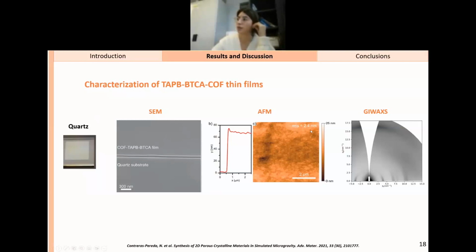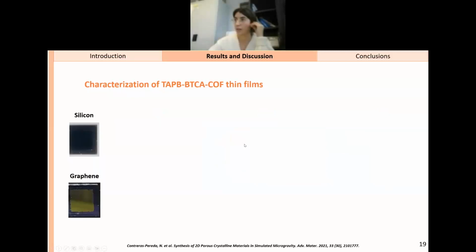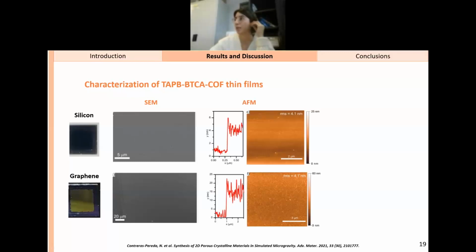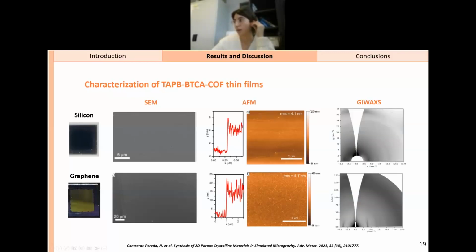The AFM also shows the low roughness of these films, and the GIWAXS shows the crystalline material that is formed in these conditions. Then they tried different substrates, silicon and graphene. They again characterized them by SEM, AFM, and GIWAXS. The roughness of the films was really low, and again similar results were obtained.